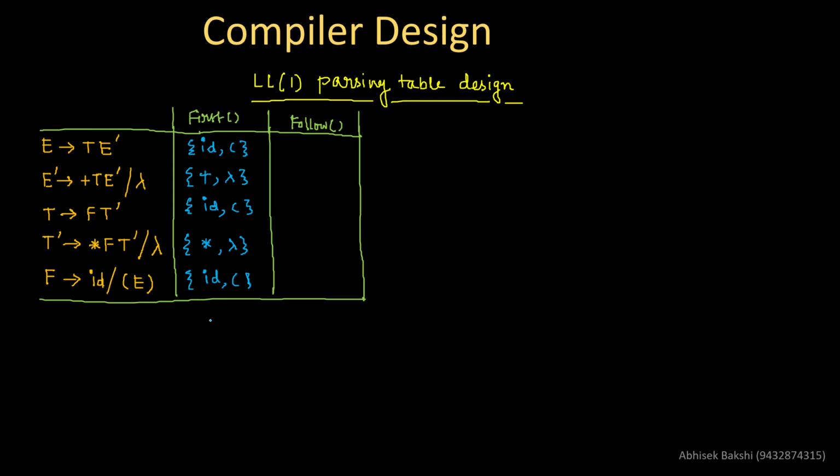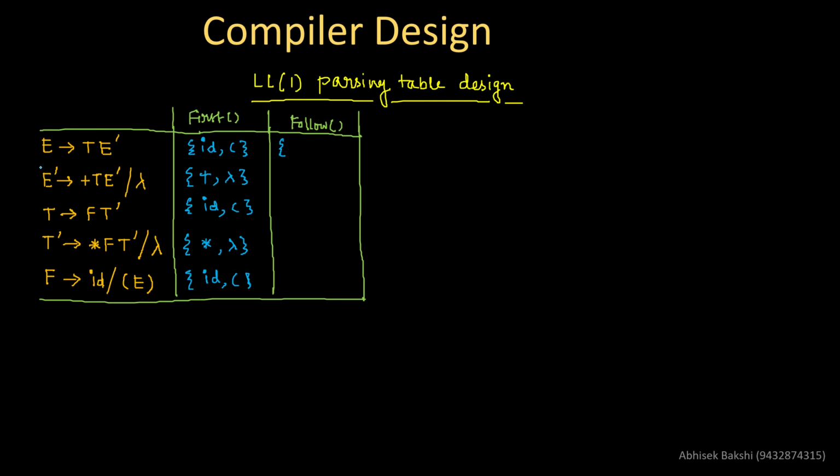Always remember that first contains only terminal symbols. No non-terminal should be present, even in follow also. Now what is follow of E? If we have some string during the process of derivation from the start symbol to the string, what are the terminals that can follow this capital E?